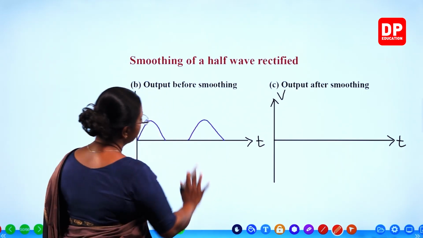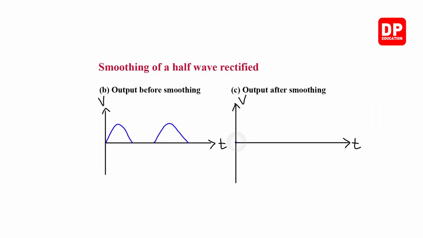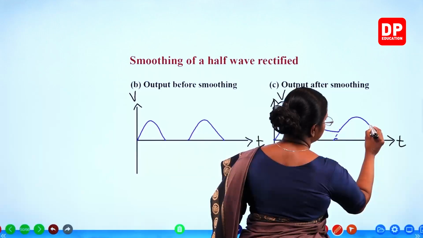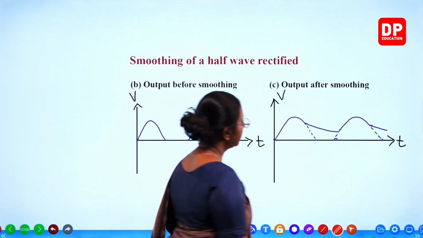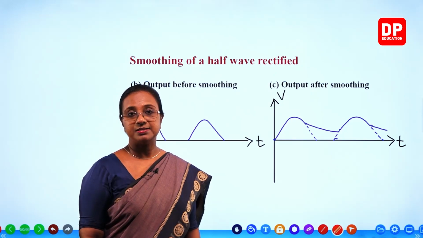It comes to 0 and there will be a gap. But output after smoothing, what will happen is, it will be a graph like that. So here I will draw broken lines because from this point the voltage comes here. And here also from there voltage goes like that. Why is that? Because of the capacitor.